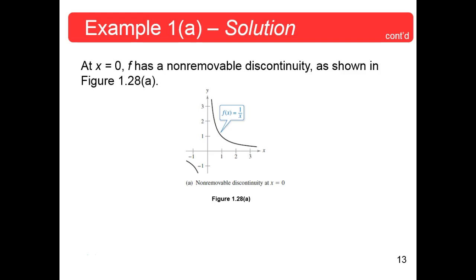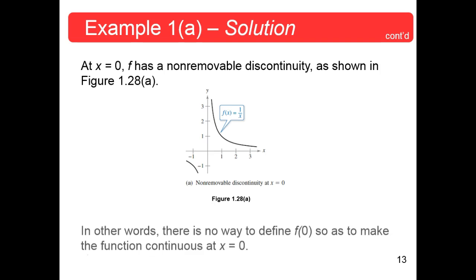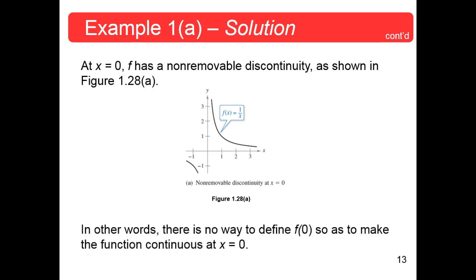Non-removable discontinuity, x equals 0. Continuous all here, continuous all there, not continuous at x equals 0, and non-removable. So the graphs help, or at least the picture of the graphs, your mental image of it. In other words, there's no way to redefine f at 0 so as to make the function continuous at x equals 0. No way at all.